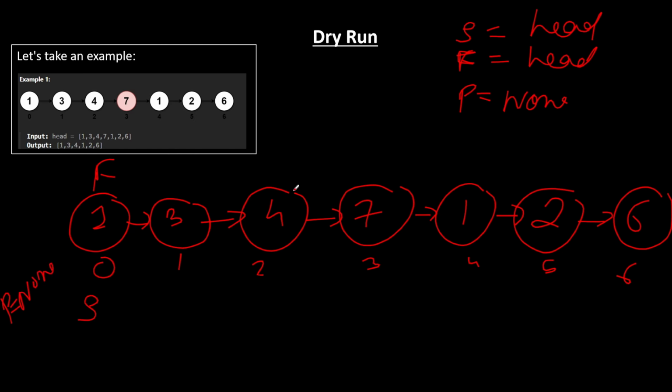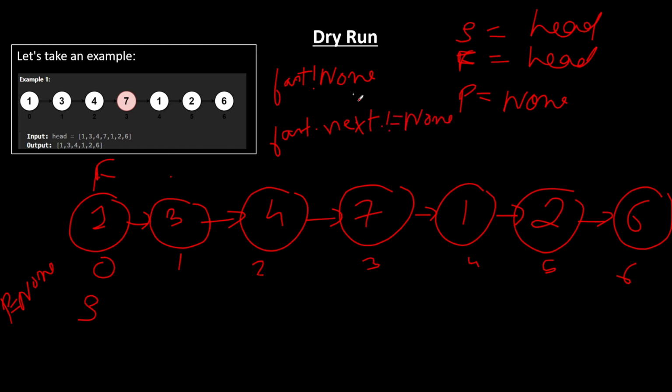Now in the first iteration, we were saying that while fast is not null and fast dot next is not null, we can see that fast is not null, fine, and fast dot next is also not null. Let me write the condition here: fast is not null and fast dot next is not null.